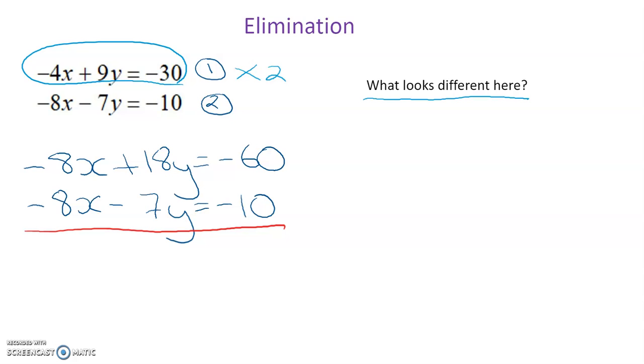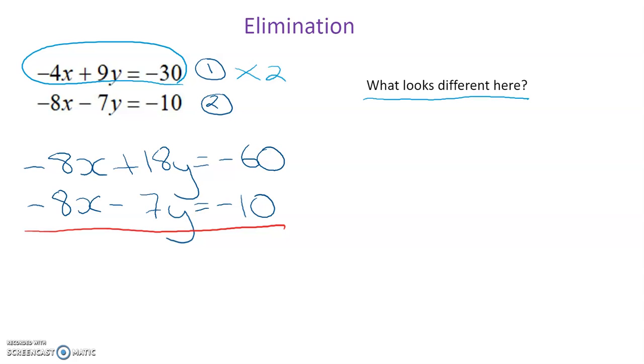So now you need to determine, are you going to add them or subtract them? Have a look at the ones you're getting rid of or eliminating, and they're my x values. -8x minus 8x is -16. So I can't add them because I'd not end up with 0, and the goal is to end up with 0.